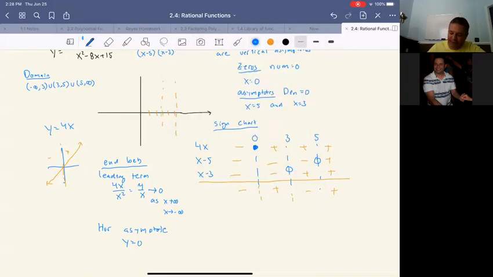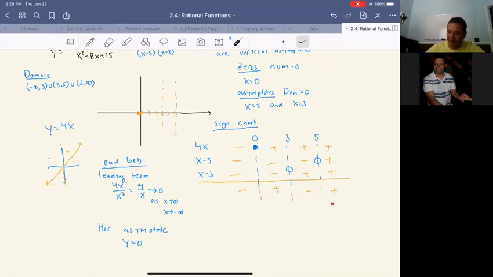So it's negative until this 0. Sorry, I should have put that in there. After the 0, it's going to be positive, and then it's going to have to go up, because you can't change signs unless you have a 0 or an asymptote. Between 3 and 5, it's going to be negative.